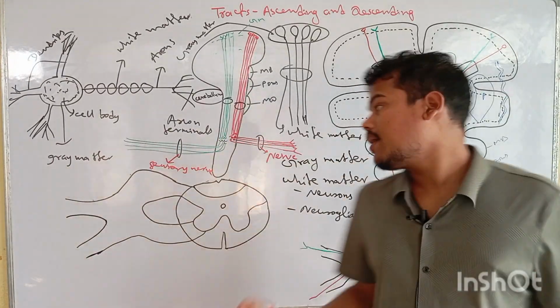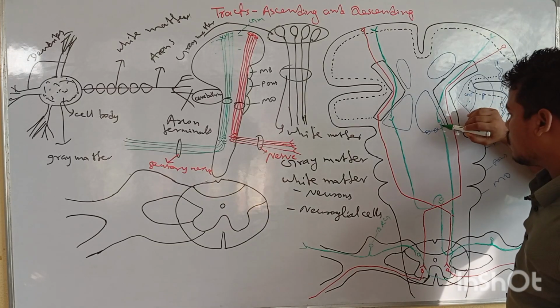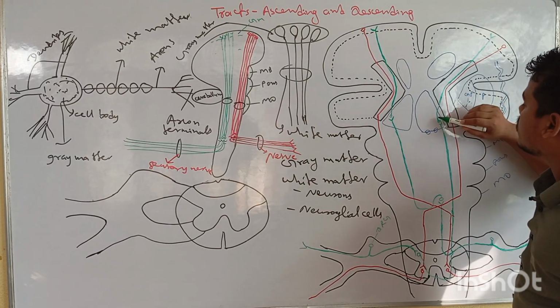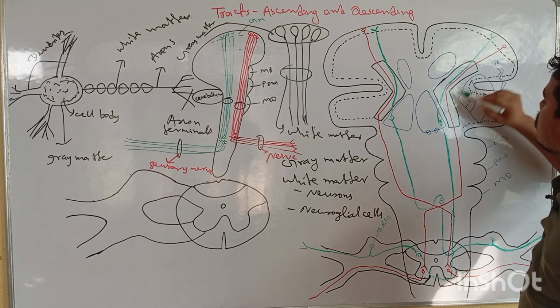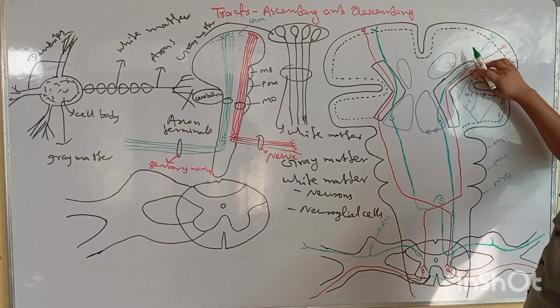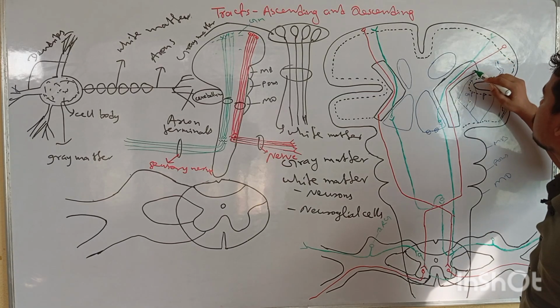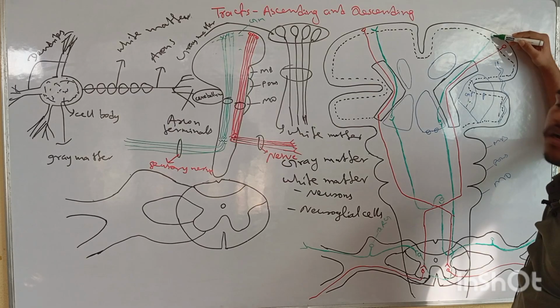From the thalamus another synapse will occur, and the third order neuron will project through the internal capsule.